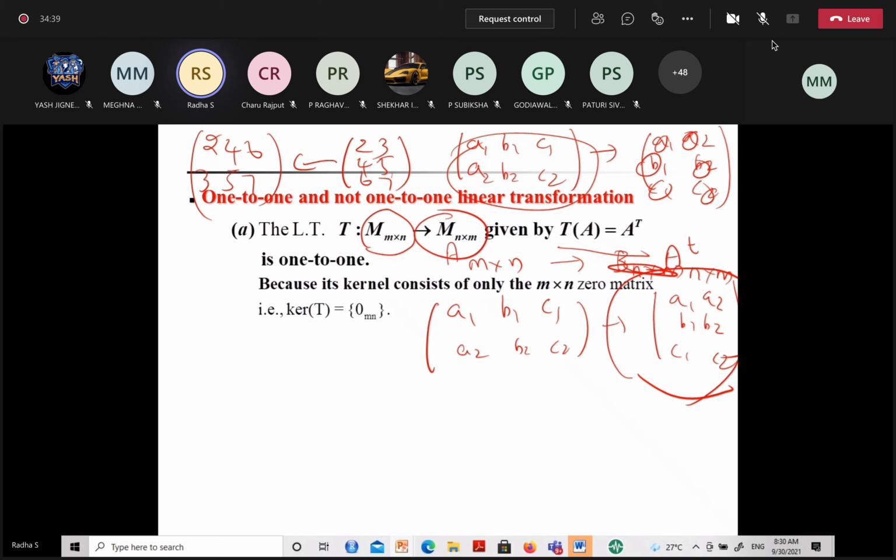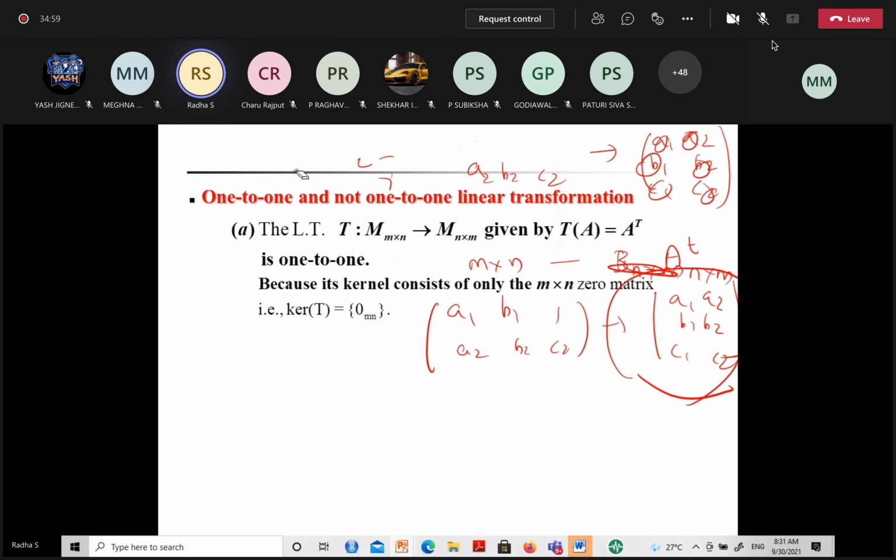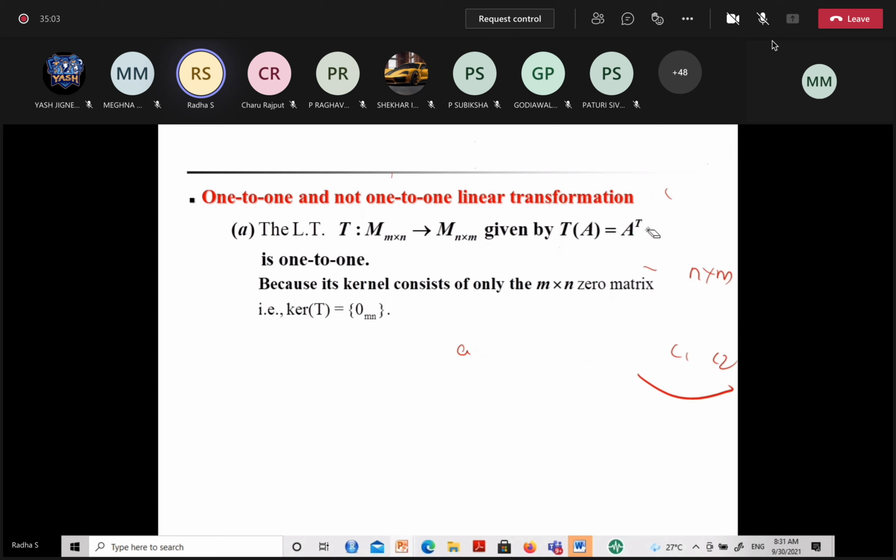So that means the transformation is also onto. They have asked us to check only 1 to 1; in addition, I am checking whether it is onto. Is this concept clear? So this linear transformation is both 1 to 1 and onto.